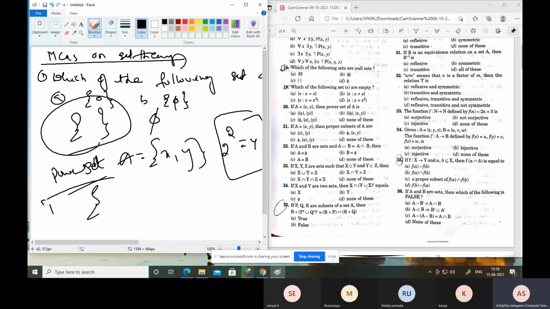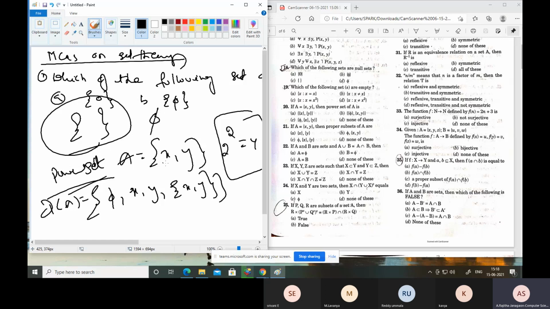That is, power set of A equals empty set, x, y, then x comma y. So then what is the answer here? Here it asks about proper subsets. This is the 21st question. So the proper subsets here are these three.